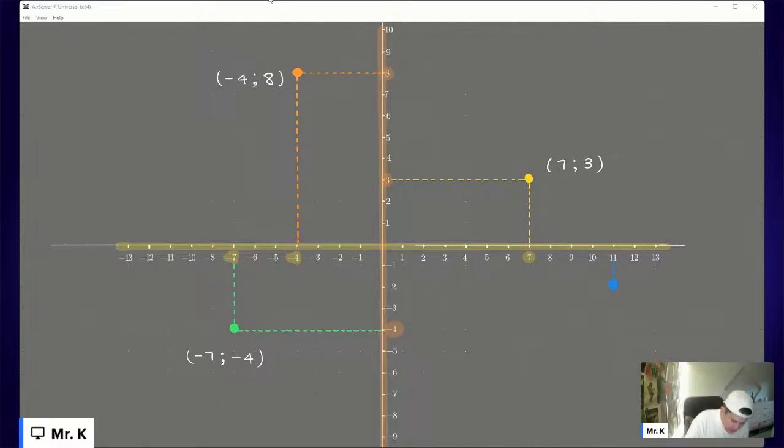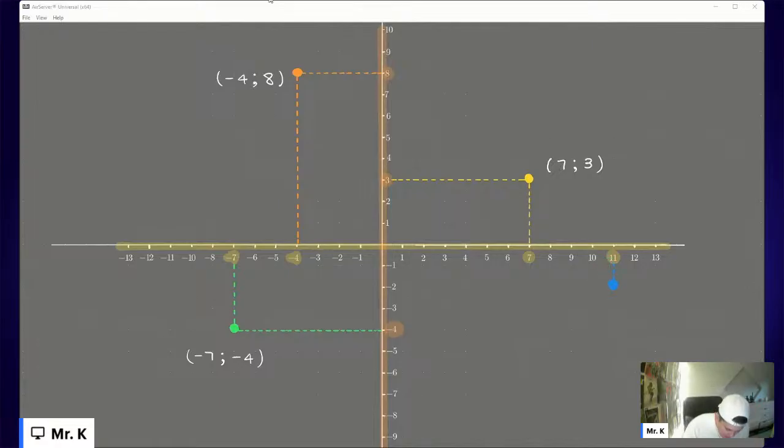Right, we can see that we line up with the value positive 11 on our horizontal x-axis. So the first part of our coordinate needs to be positive 11.